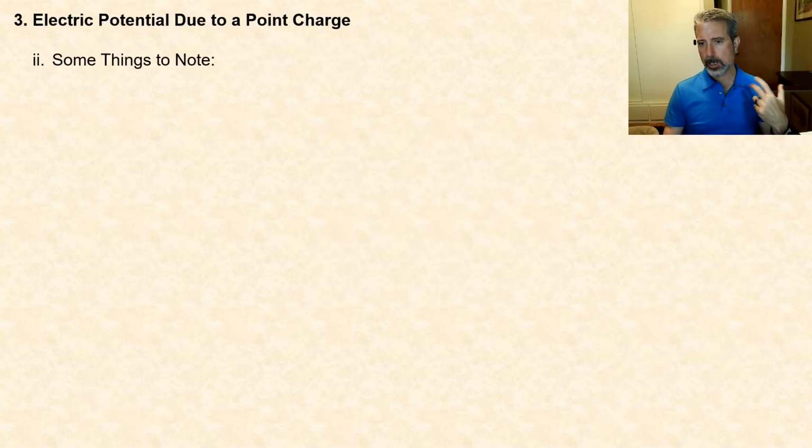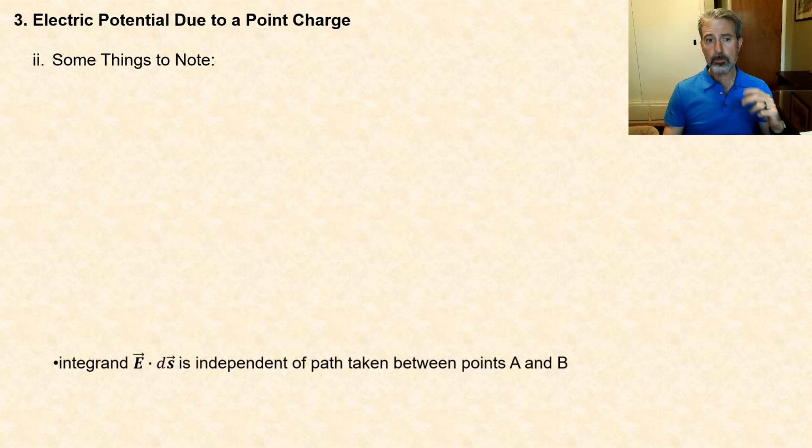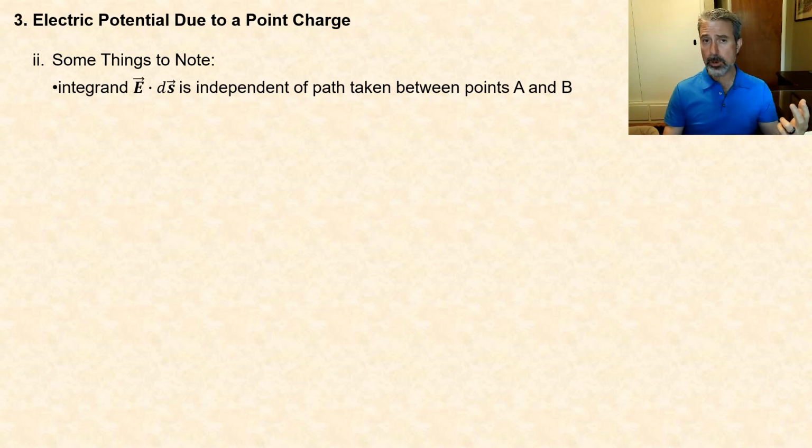Some things to note in our calculation of electric potential difference and the electric potential for a point charge. First of all, that integrand, when we evaluated E dot ds, was independent of the path taken between the points A and B. And remember, not to beat this point into the ground, but because the Coulomb force is a conservative force, the work done by that force in moving a charge between two points in space is going to be independent of the path taken.